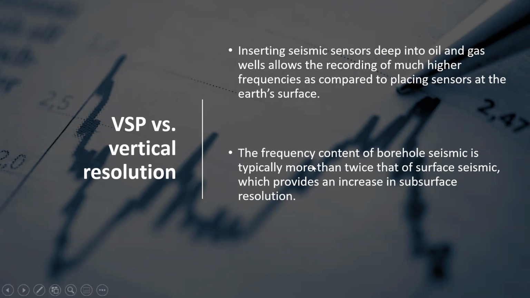The frequency content of borehole seismic is typically more than twice that of surface seismic, which provides an increase in subsurface resolution. I hope the concept is clear now, how VSP helps to improve the vertical resolution.